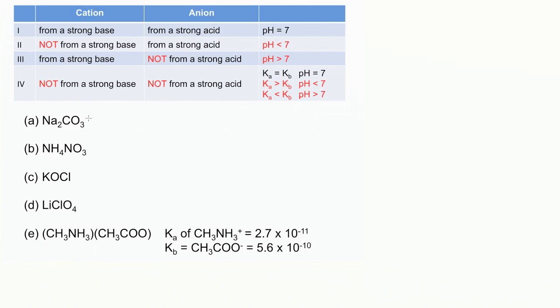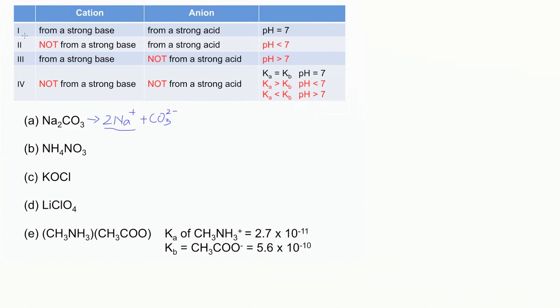First one, sodium carbonate. Sodium carbonate is a strong electrolyte. When you dissolve this salt in water, it will give you two equivalents of sodium cation and one equivalent of carbonate. Okay. And when you look at these two ions, sodium is from a strong base, sodium hydroxide.